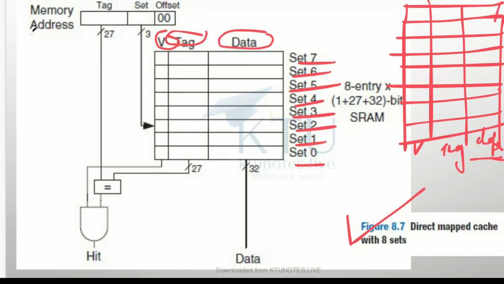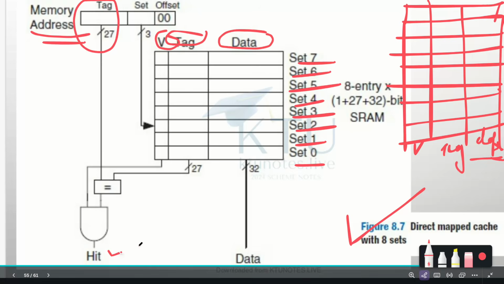Now in the memory address, there is the tag, and then the set, which will go through each of the sets and represent them. Then the offset bits, which are always 0 0. Here, you are going to see whether it is a hit or a miss.